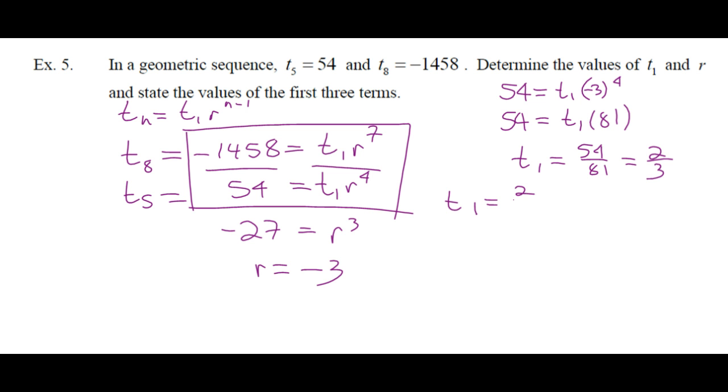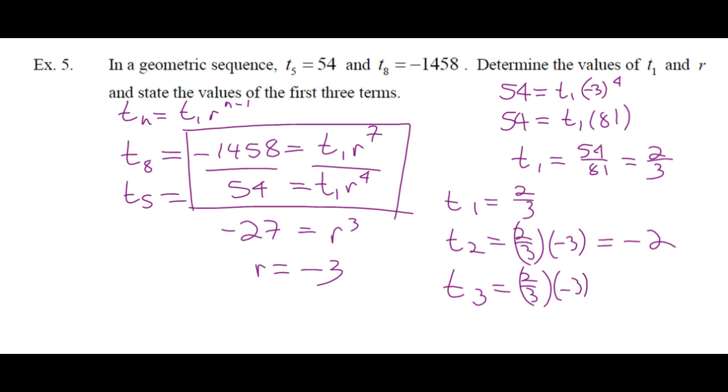All right, so now we can generate the sequence. T1 is 2/3. T2 is 2/3 times negative 3, which is negative 2. And T3 is 2/3 times negative 3 squared, or you can just multiply this by negative 3, which is 2/3 times 9, which is 6.